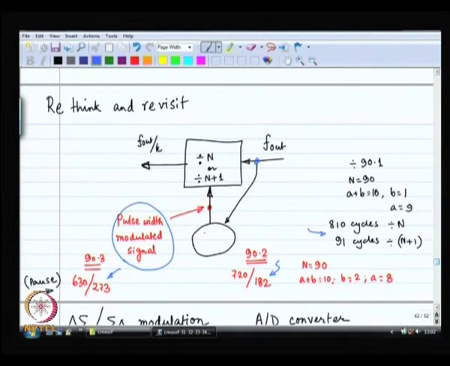Next 91 you are going to divide by n plus 1, so it is going to be 1, which means that every 901 cycles it is going to repeat. So, 901 cycles means it is going to repeat at a frequency of 1 megahertz. So, this pulse width modulated control signal itself is periodic with a frequency of the channel raster.